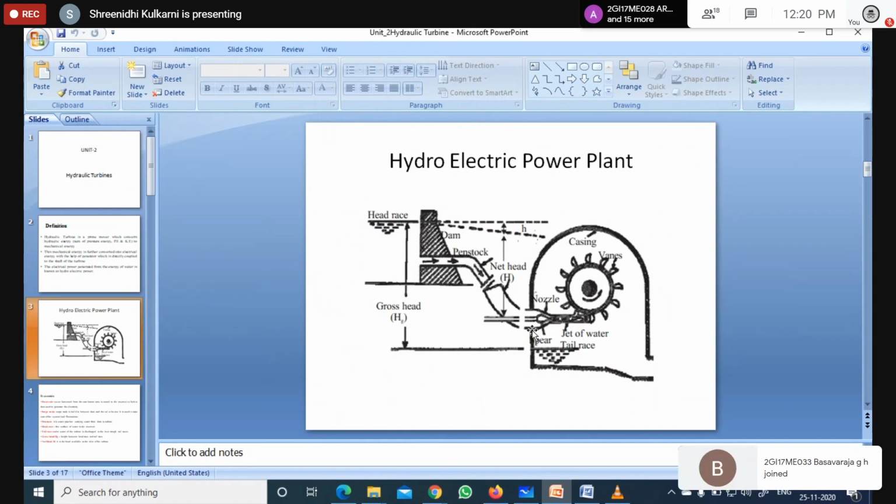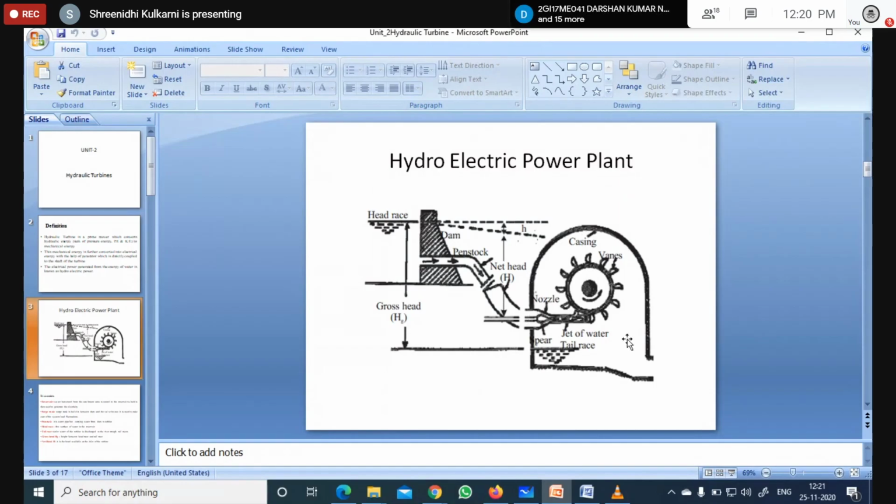After that, here we can see the nozzle with spear, and this completely we can call a turbine unit.